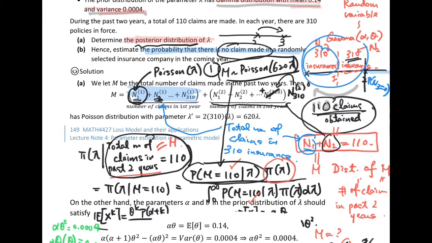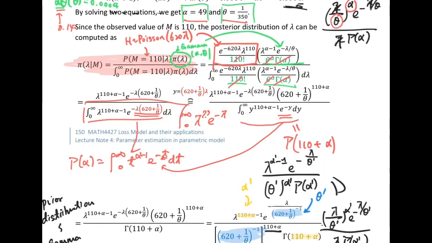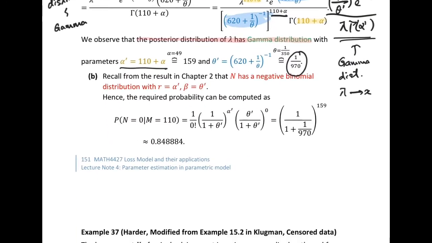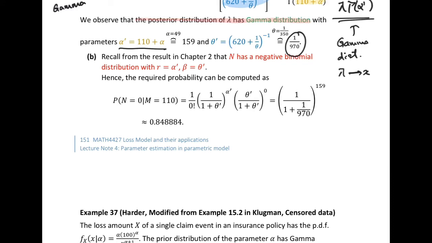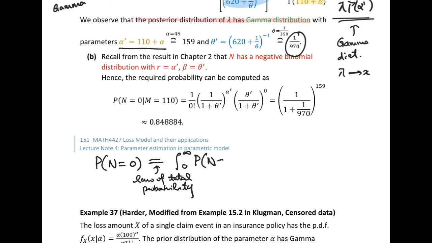Now, in order to do this, of course formally you can try to use the law of total probability, and try to compute this as well, using the posterior distribution.